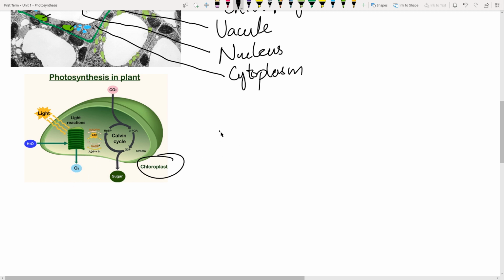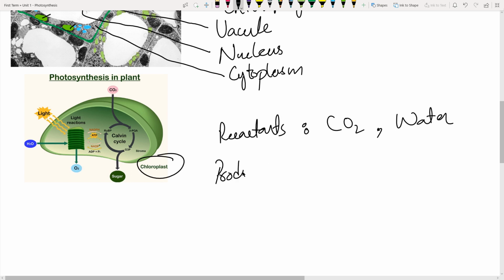So over here the reactants would be CO2 and water, and the products would be energy or food, along with O2.